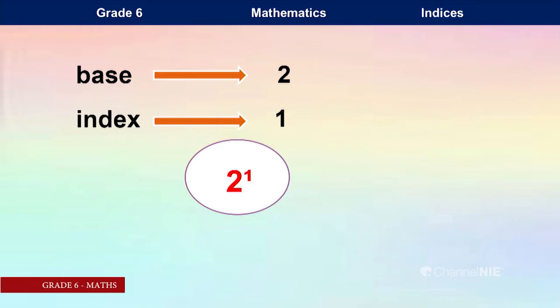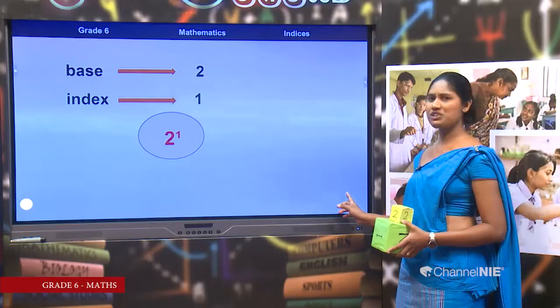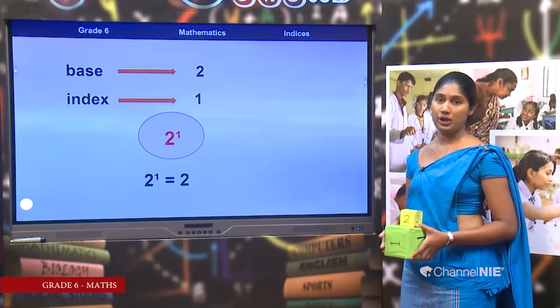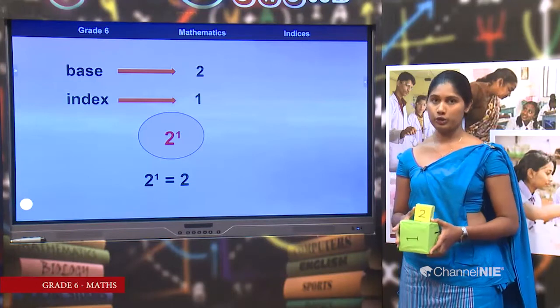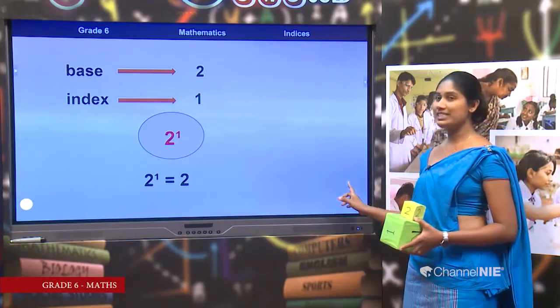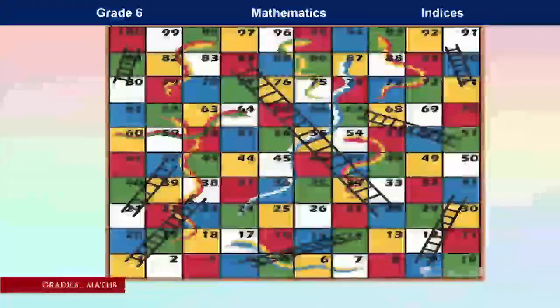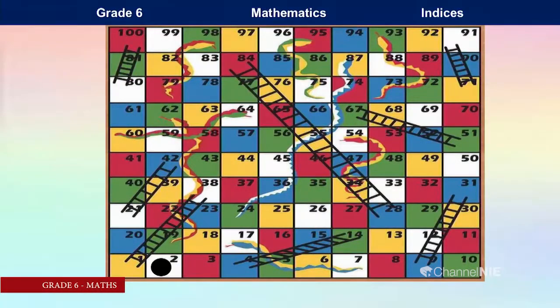Then I can write it using index notation, that is 2 to the power 1. So, what is the value here? 2 to the power 1 means 2. Then I am going to mark this on the snake and ladder board. So, this is my snake and ladder board. Here I want to put the button on the number 2.